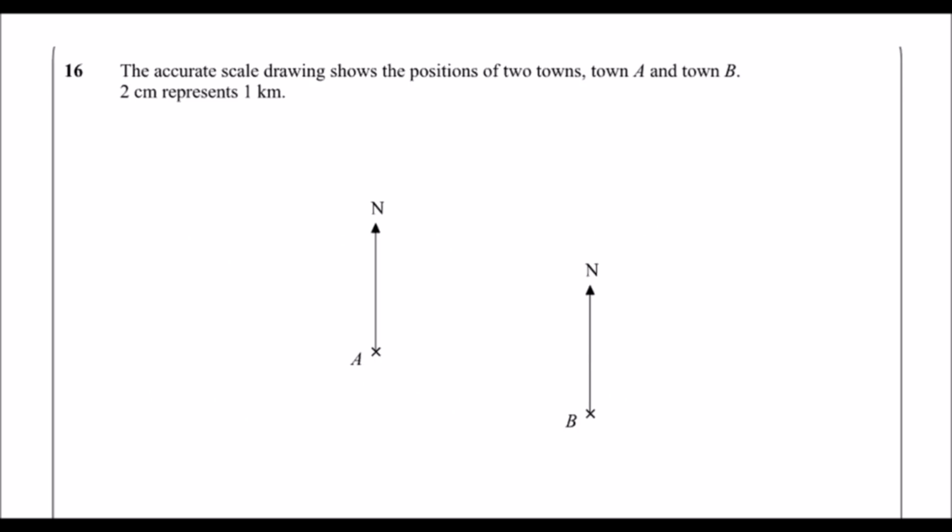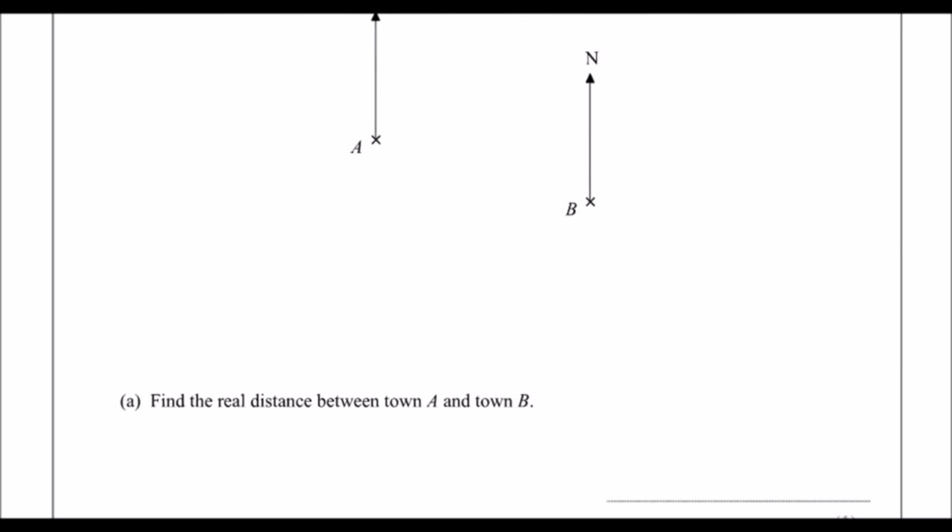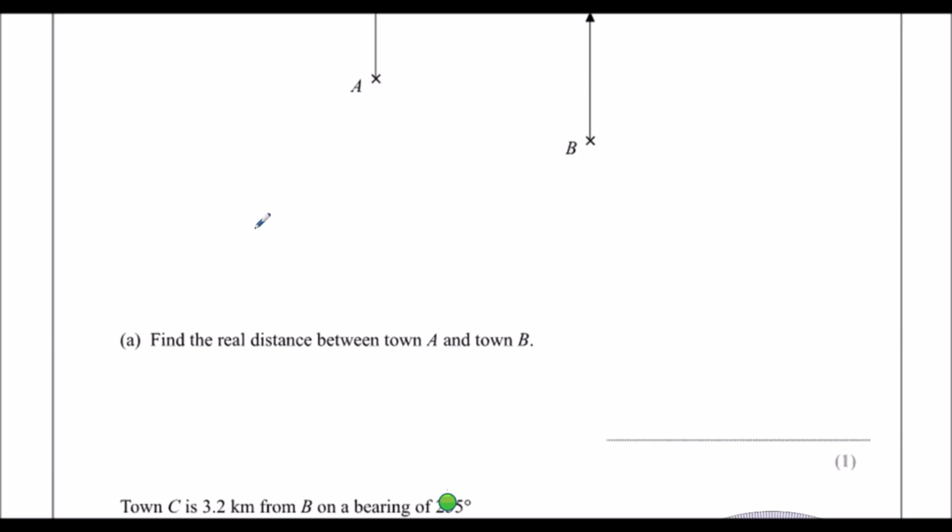Question 16. The accurate scale drawing shows the positions of two towns, town A and town B. 2 centimeters represent 1 kilometer. So every 2 centimeters in our drawing is 1 kilometer in real life.